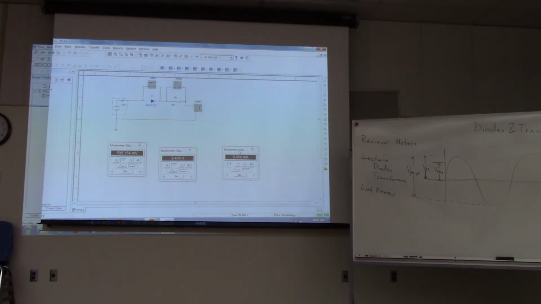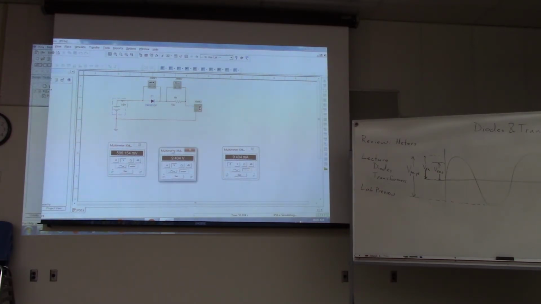Yeah? So we're getting the current reading from that final DMM there. But that's not taking into account any resistance from the diodes, correct? Well, we're measuring the voltage across the resistor, right?